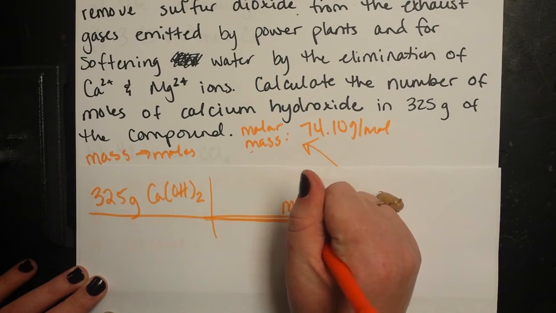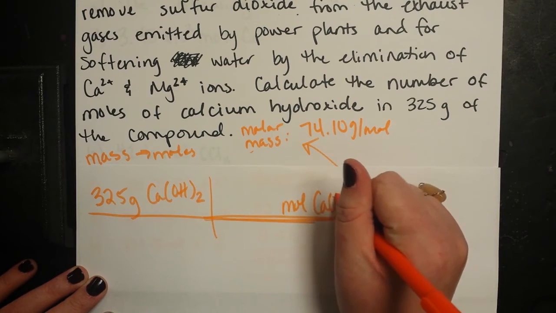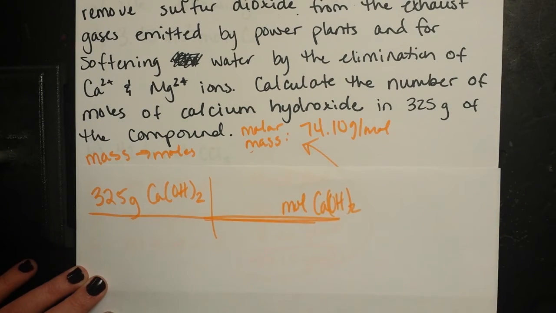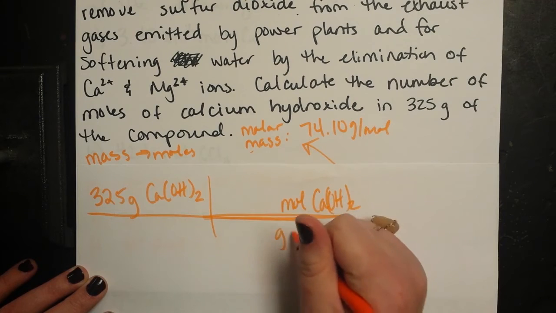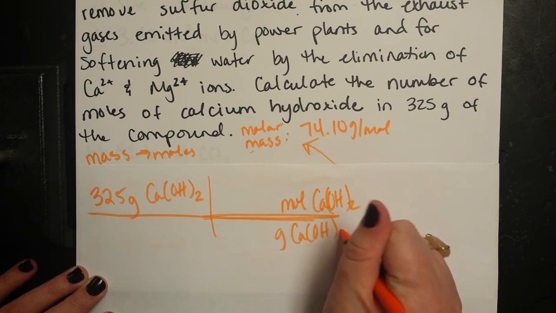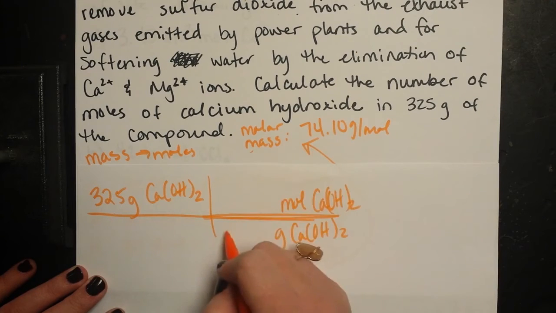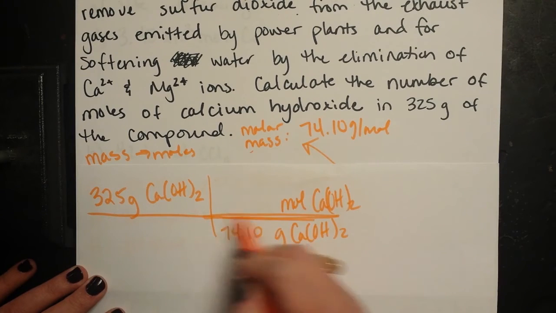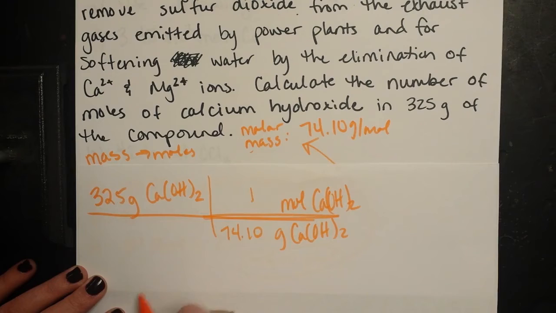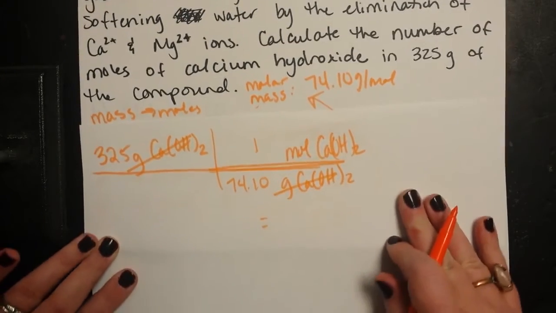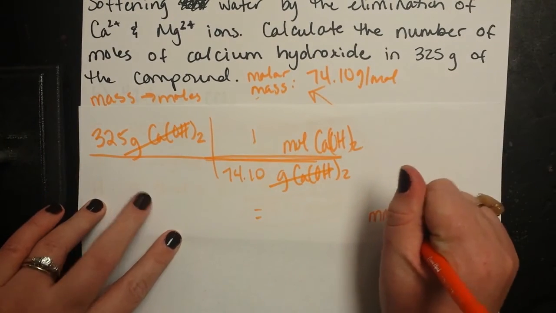So I need moles of calcium hydroxide in my numerator and the mass on the bottom. I know molar mass means that I've got 74.10 grams of calcium hydroxide for every mole. I'll notice that my grams cancel, and I'm going to be left with moles of calcium hydroxide.